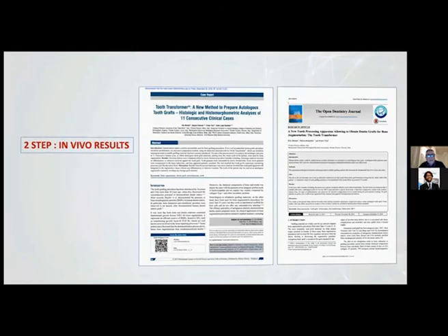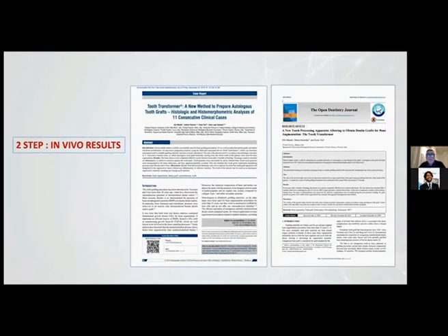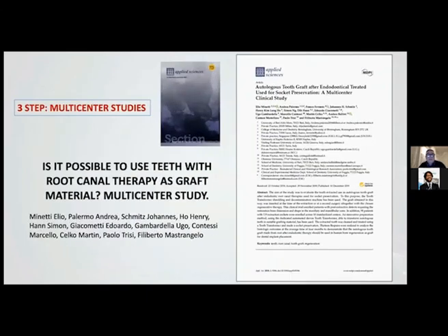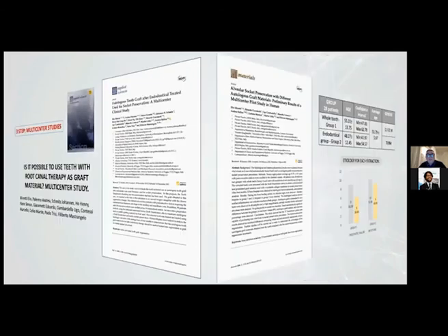The second step was the in vivo result. We made some cases, and the third step was a multi-center study where we analyzed different situations, for example, root canal therapy. Is it possible to use a tooth with root canal therapy? Yes, it's possible. We have the same result.